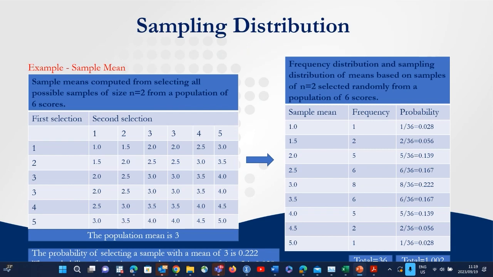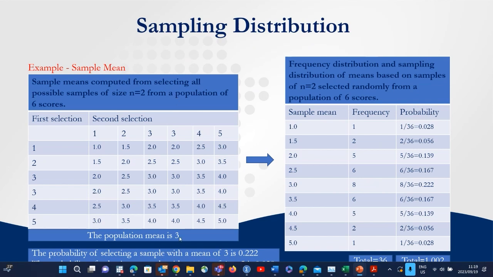Remember, my population here is 6 scores, and I'm using it so that it's a small number that you're able to see. These are the possible averages, all of them. From these averages I can get the sampling distribution of the sample mean for this population.